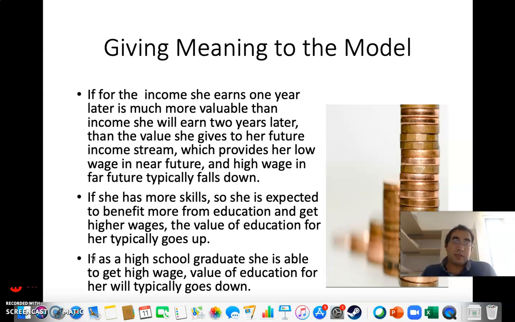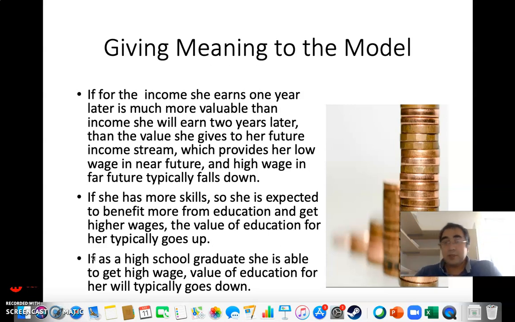So for that guy, an income stream, an option which provides her low wage first and high wage level later, will have less worth compared with a person who values the future income relatively more.